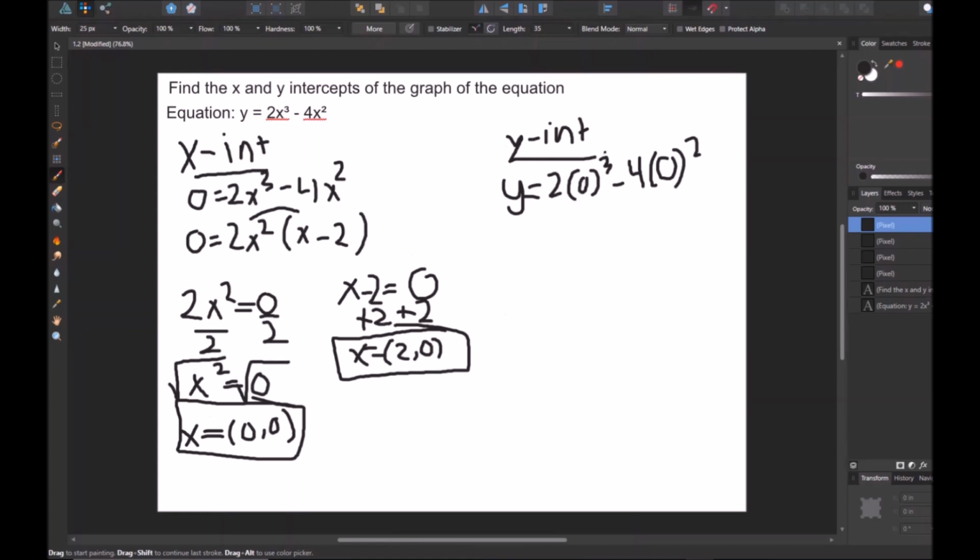So 0 cubed is 0, and 2 times 0 is 0. Now 0 squared is also 0, and 4 times 0 is 0. So ultimately what we're left with is 0 minus 0, which is just 0. Meaning that our y-intercept is going to be 0, comma 0.